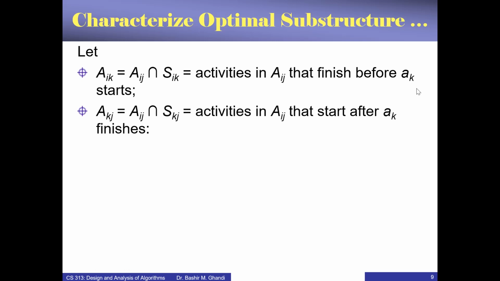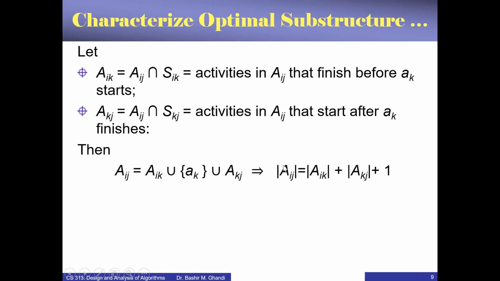Let us also define Akj to be the intersection of the optimal subset Aij with the set of activities after k, so Skj. So this will be the activities in our optimal subset Aij that start after Ak finishes.